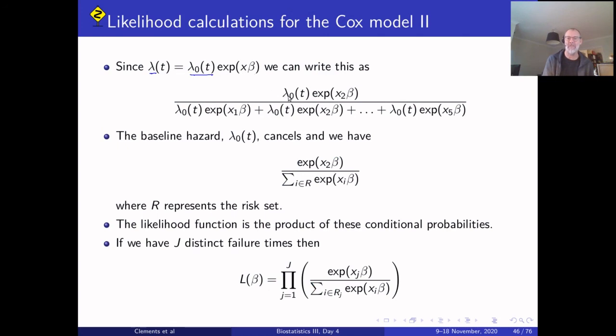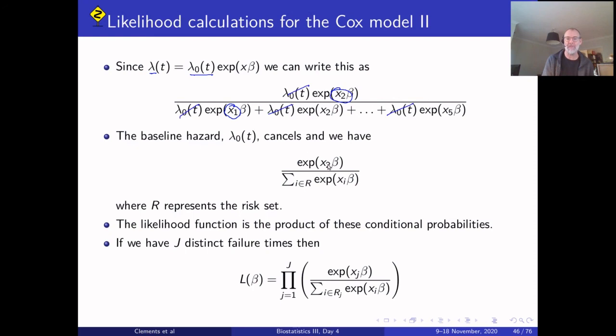We can substitute in for lambda 2, which is now going to be lambda naught of t times exponential of x2, which is the covariate for the second individual, times beta, divided by the sum, and they've all got lambda naught times exponential, and then they've all got different covariate values. And then very nicely, the lambda naughts all cancel out.